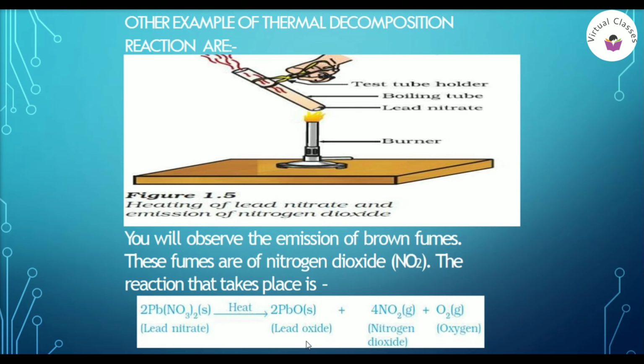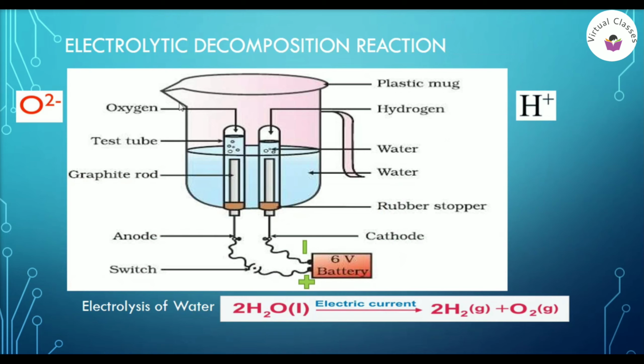Now let's come to electrolytic decomposition reaction. Electrolytic is a combination of two words, electro meaning electricity or current and lysis meaning breakdown. As the name suggests, the decomposition takes place with the help of electricity.